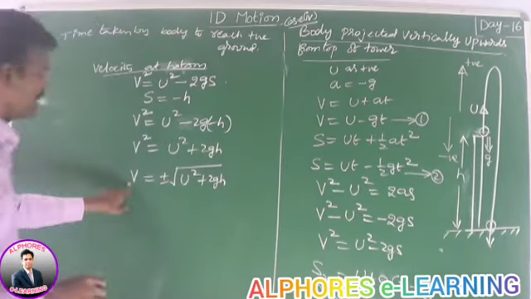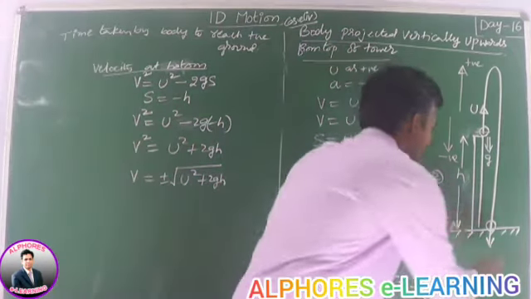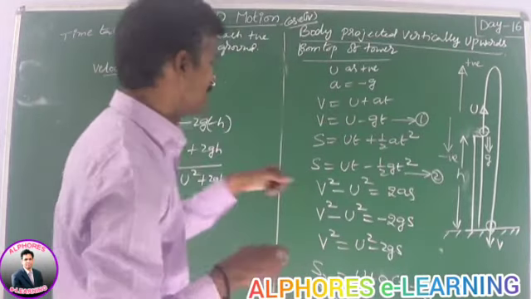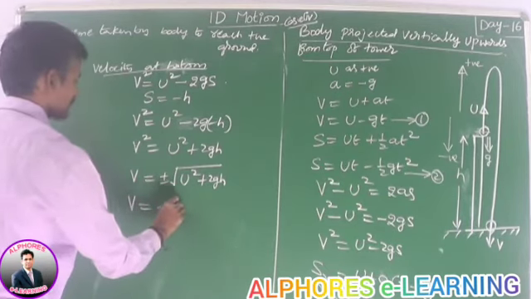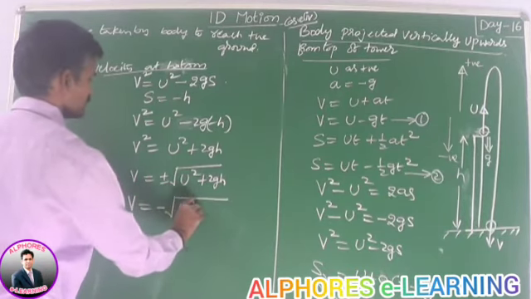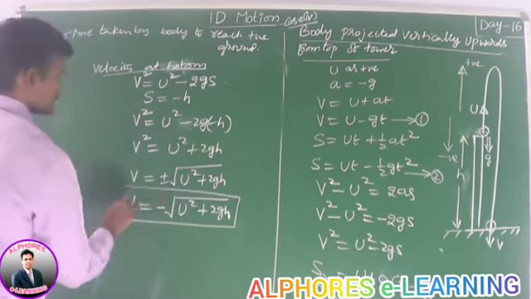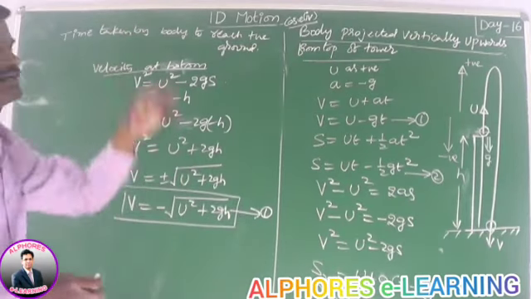Here students, you have to consider the negative sign, not the positive sign. Why? Because the body's velocity is in the vertically downward direction. So here v is minus under root u square plus 2gh. This is the correct equation. Based on this, you can calculate the time.